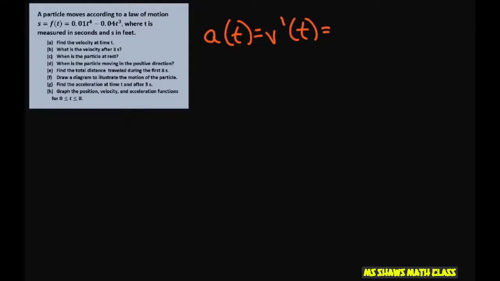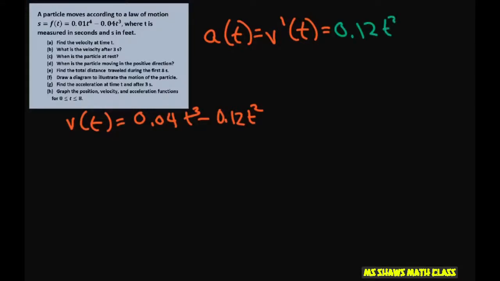Let's do what v of t was again. That was 0.04 t cubed minus 0.12 t squared. So you take the derivative of that, and you're going to get 0.12 t squared minus 0.24 t.